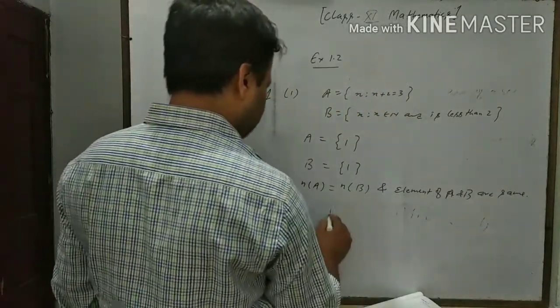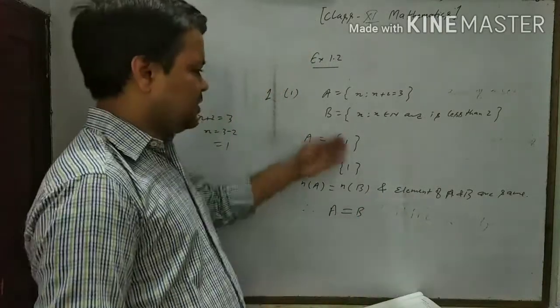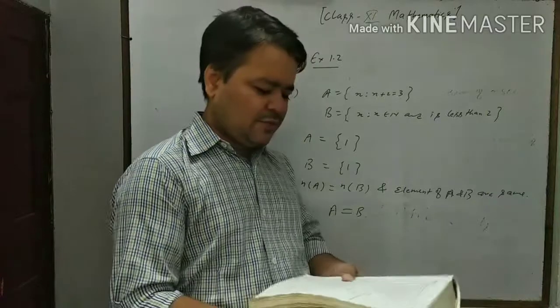Therefore set A is equal to set B. Okay, this is the explanation of the question. Similarly other questions are given.